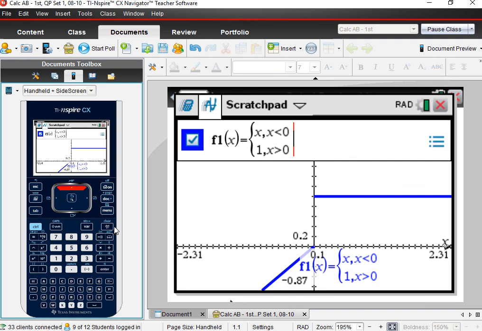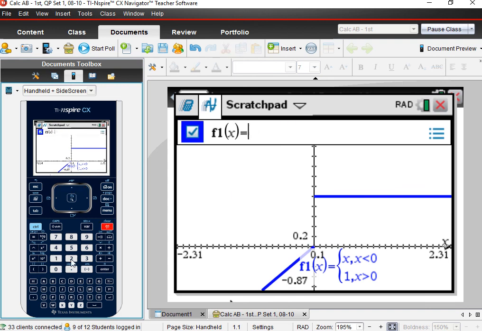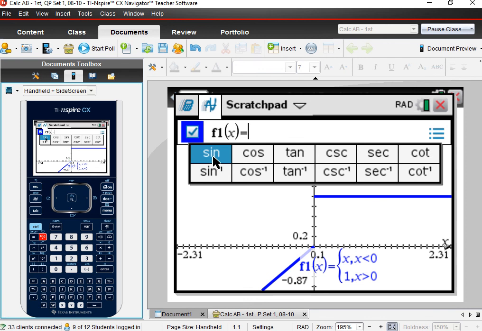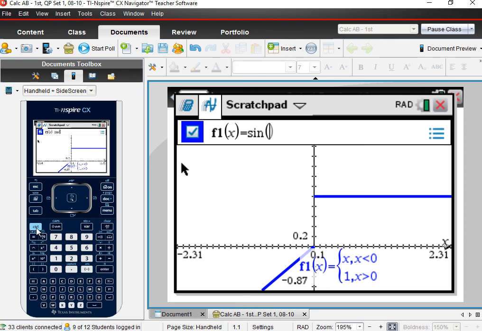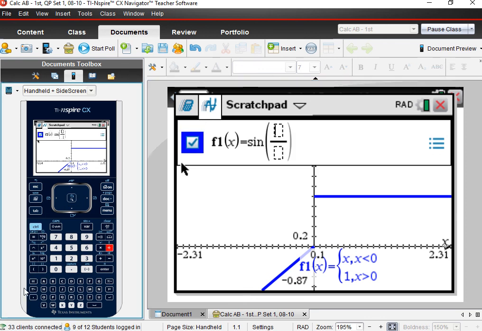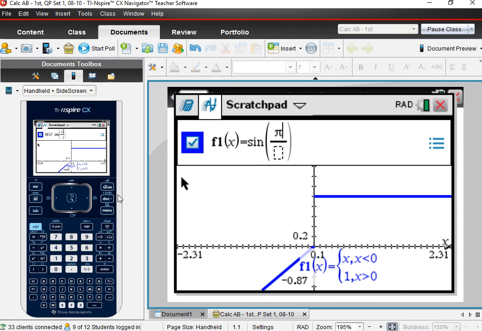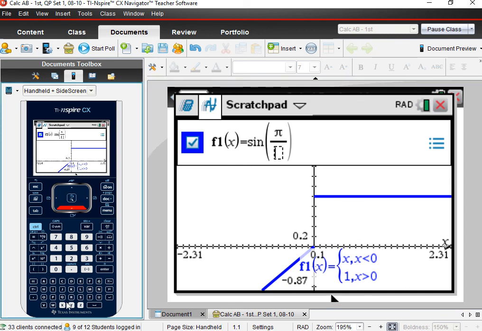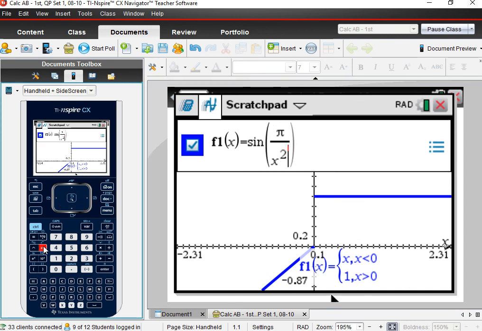Up. Trig. Sine. Control. Divide. Pi over x squared.